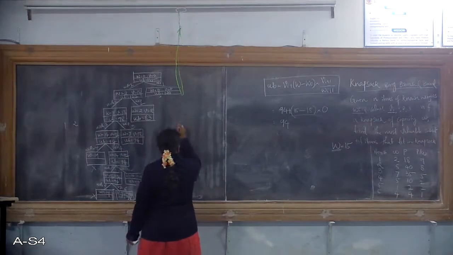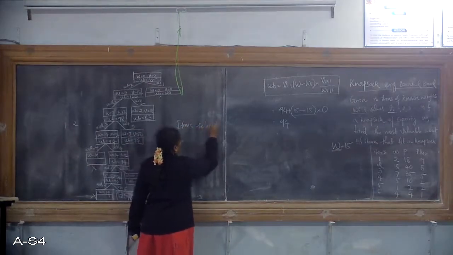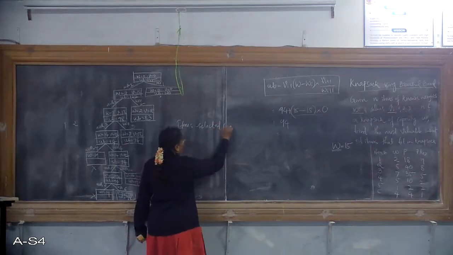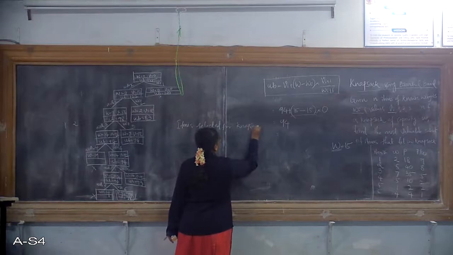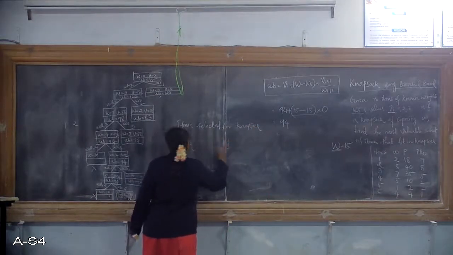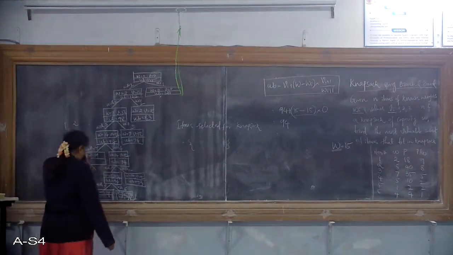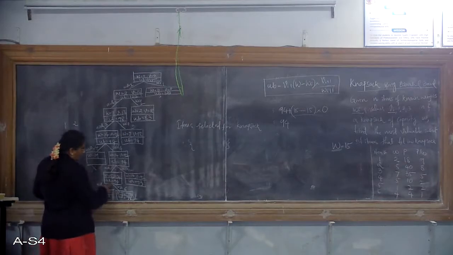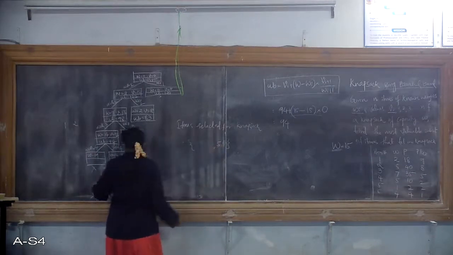So right here, items selected for knapsack equal to, write a list here. Only with are to be considered, not without. This is without, leave it. This is with 5. So write 5 here.